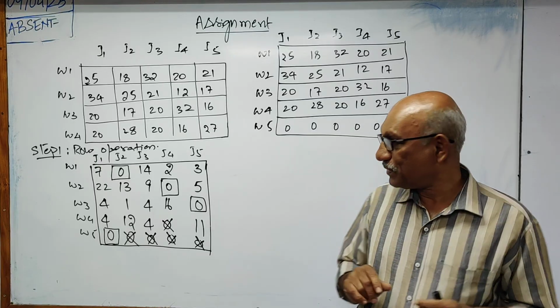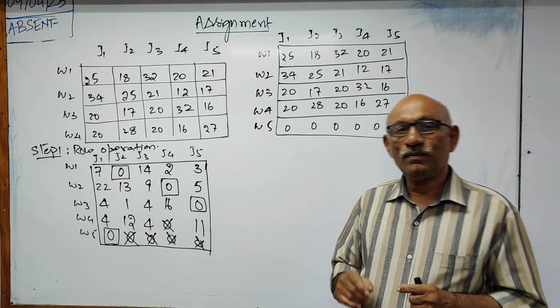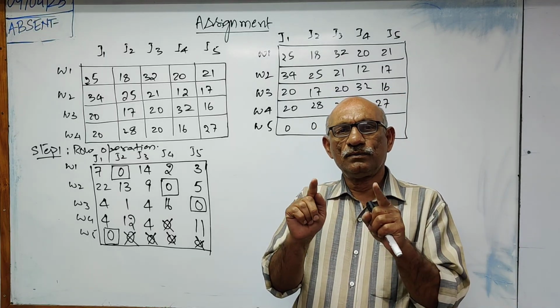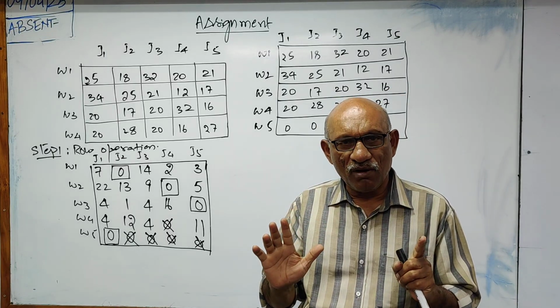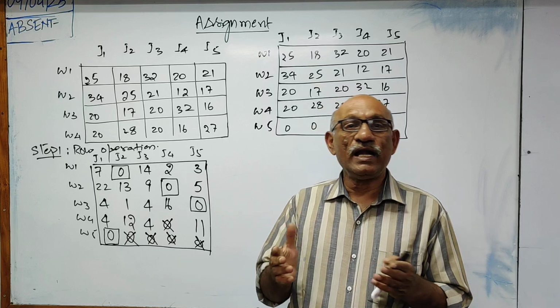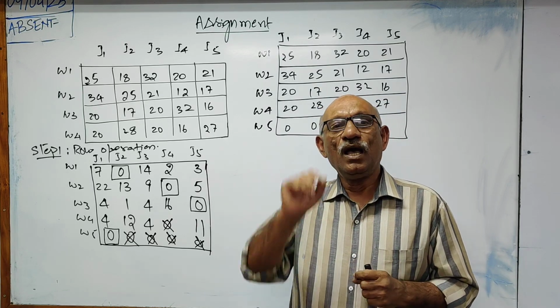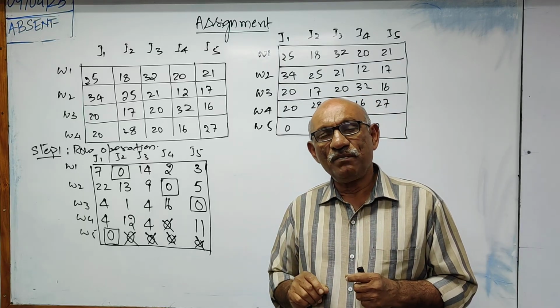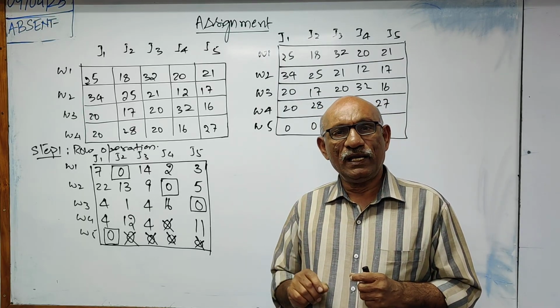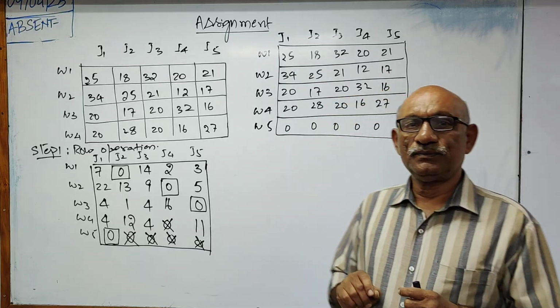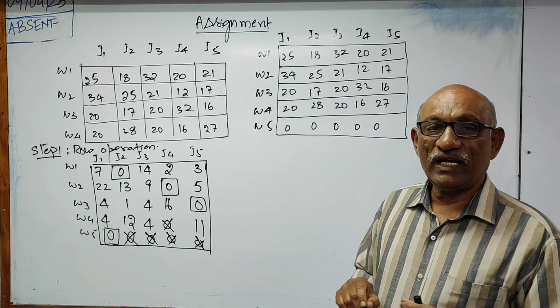Is it clear? For this, the procedure is to draw the minimum number of vertical and horizontal lines. Again, I am repeating this point. Draw the minimum number of vertical and horizontal lines to cover all the zeros at least once.